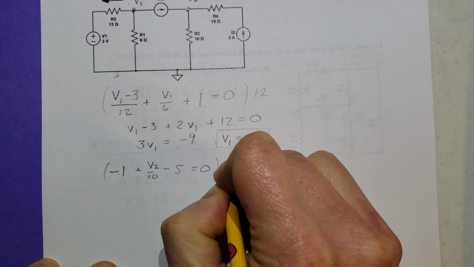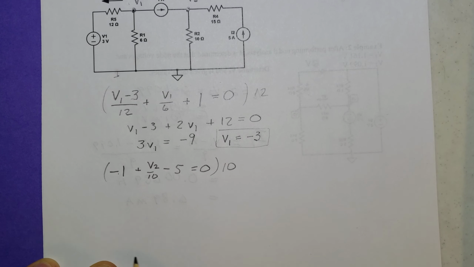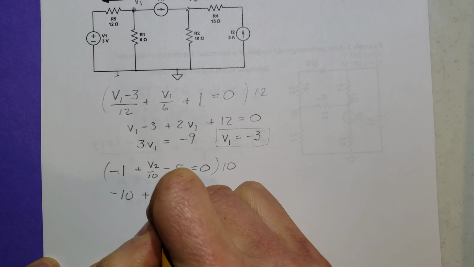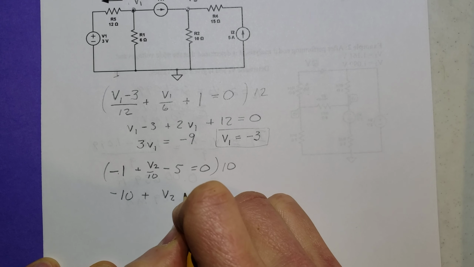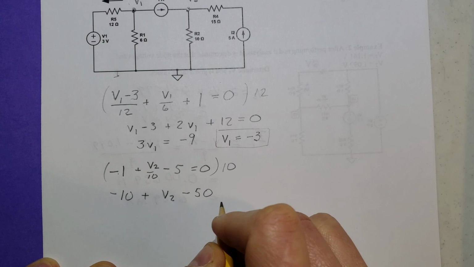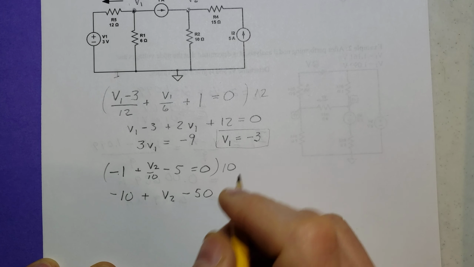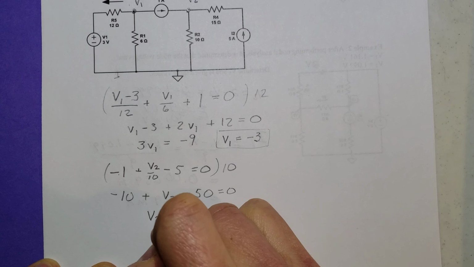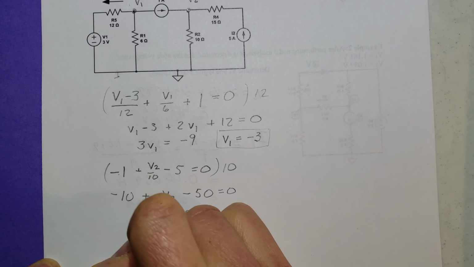We're going to multiply that by 10 to get rid of the denominator, so we're going to get -10 plus V2 minus 50 equals 0. And here we get V2 is equal to 60.